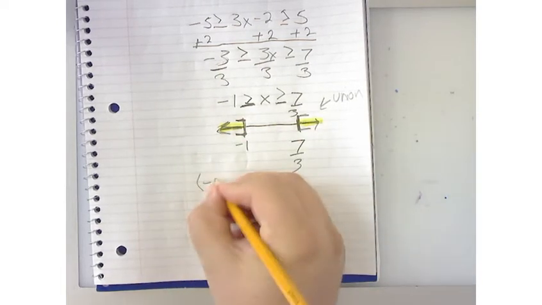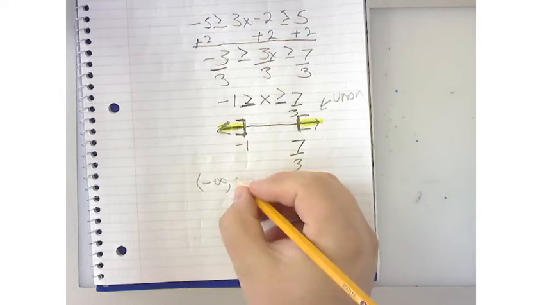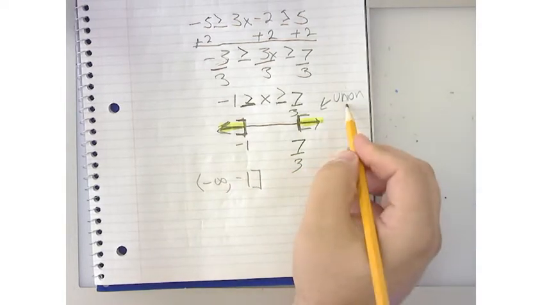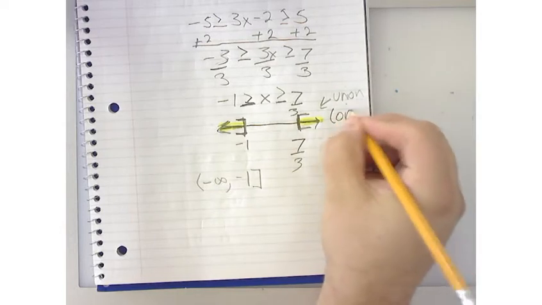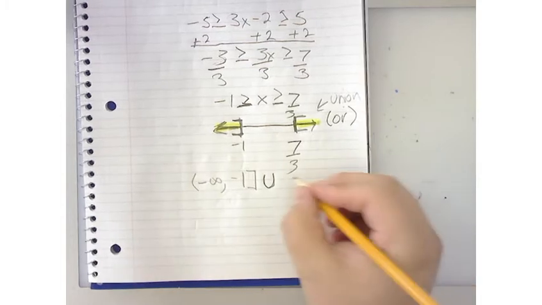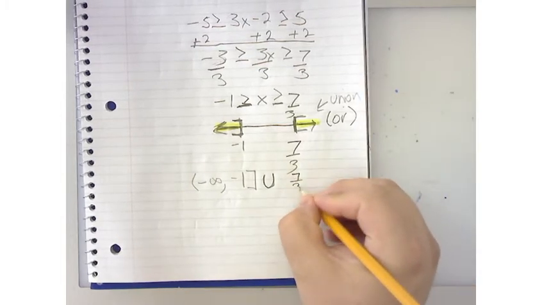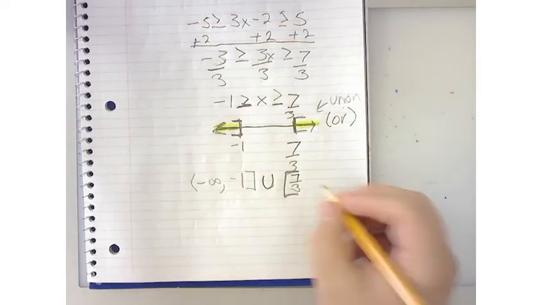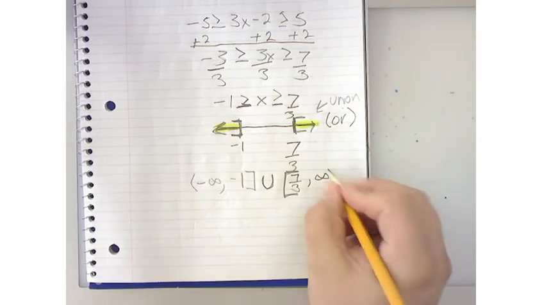Negative infinity. Good. To negative 1, we're including negative 1. Now whenever you have a union, which is sometimes written by the word or, you put this capital U here. And then in the next line I'm going to say 7/3, because that's where we pick up again. Put a bracket there, comma, infinity.